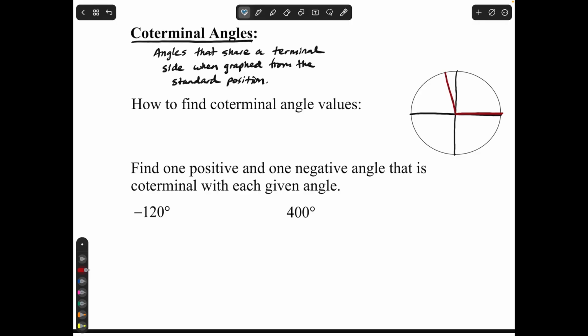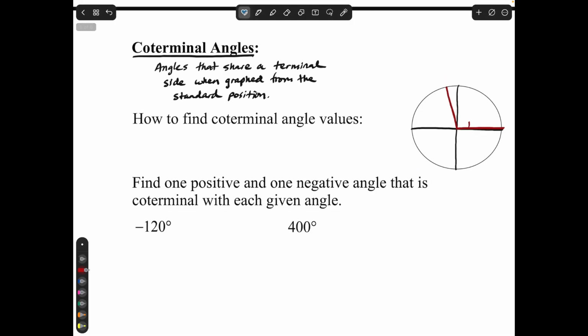So if I wanted to come up with a coterminal angle for this, I could take this angle and I could just go all the way around the circle till I get back to where the terminal side is. So if I take my terminal side of my angle and I add 360 degrees, where would I be?